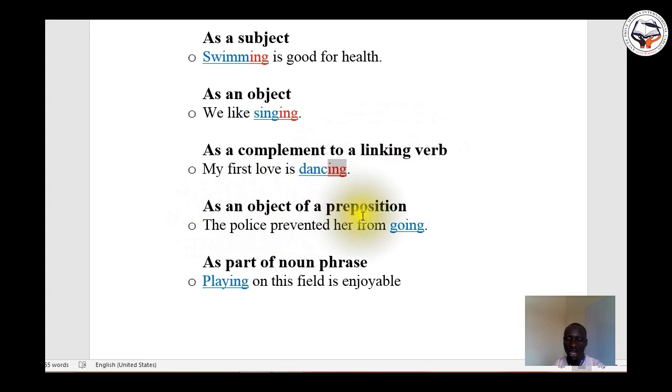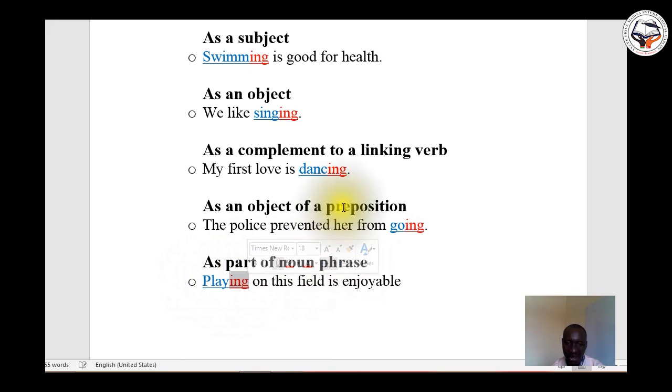All right. As an object of a preposition. Example: the police prevented her from going. That's very simple, isn't it? All right. As part of a noun phrase: playing on this field. We have ing here.